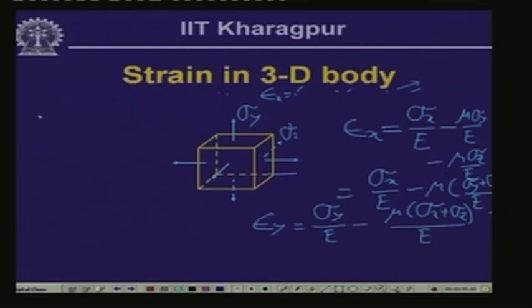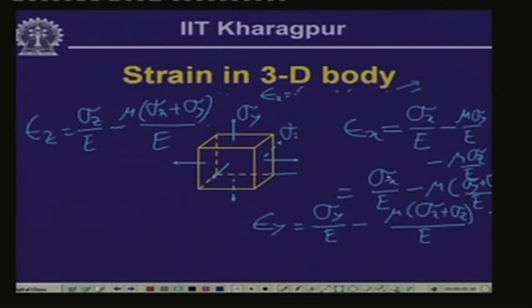And epsilon z is equal to sigma z by E minus mu times sigma x plus sigma y by E. Now, if we reduce this three dimensional form to a two dimensional one, keeping the x and y plane, then the stresses which will be acting are sigma x and sigma y, and eventually sigma z is equal to 0.